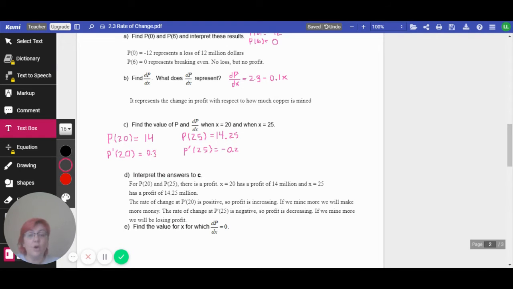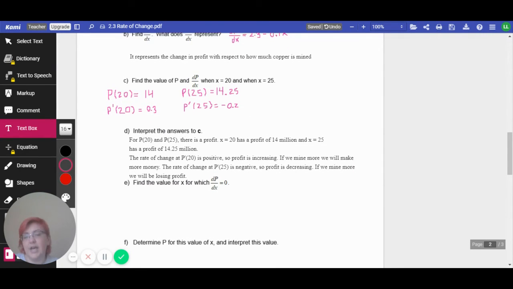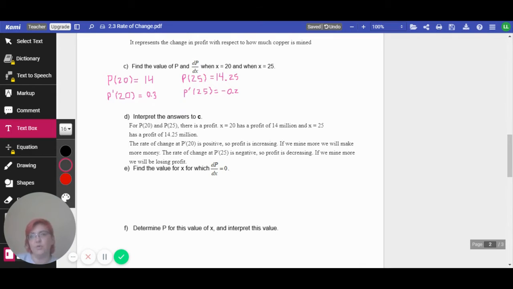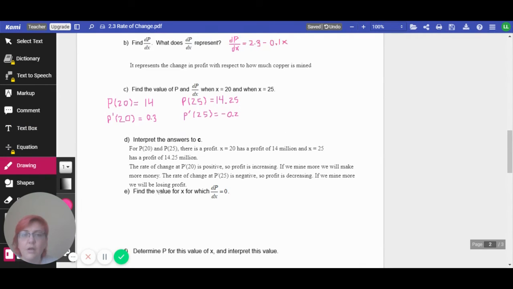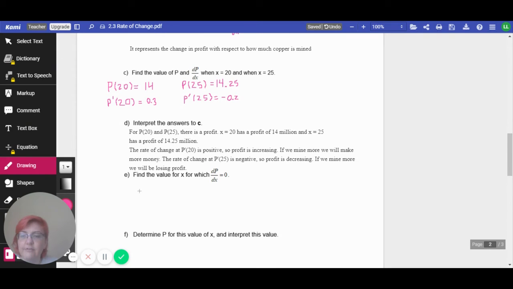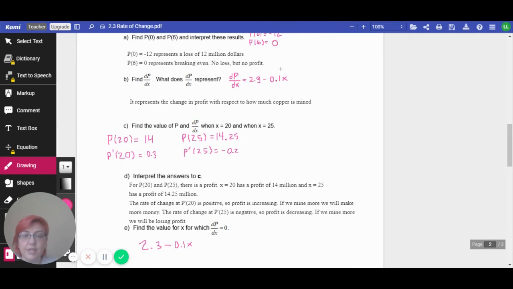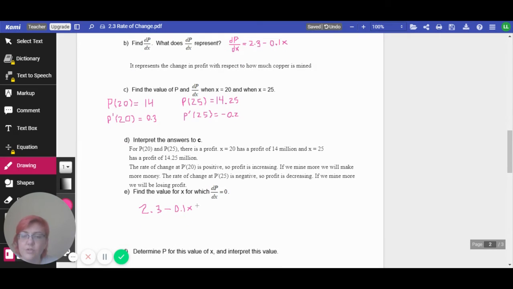Okay, so let's find the value then where the derivative is equal to 0. All right, so that derivative, 2.3 minus 0.1x, that's what we found up here, is equal to 0.